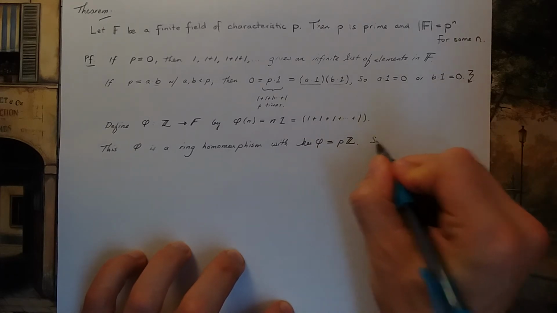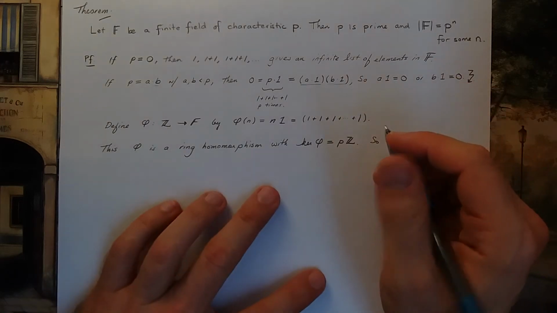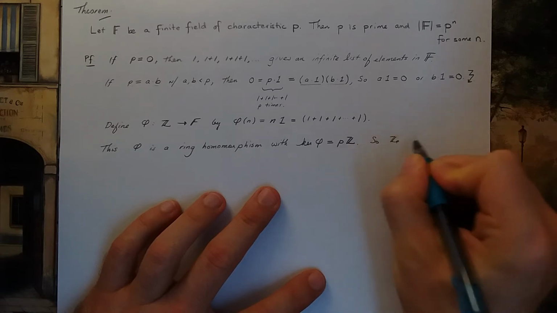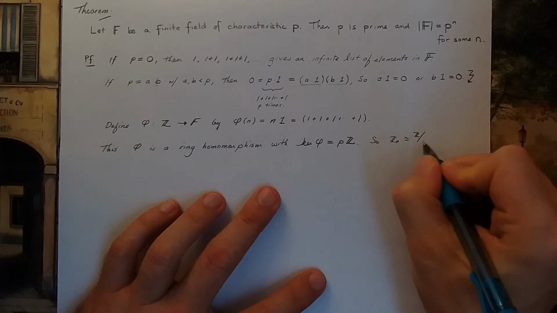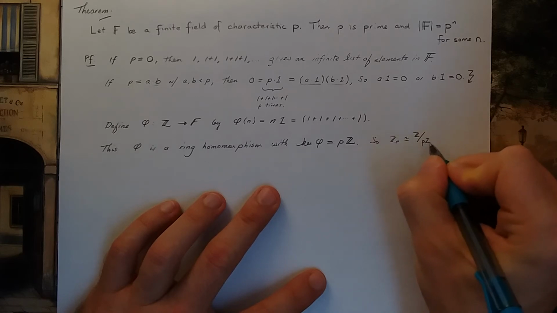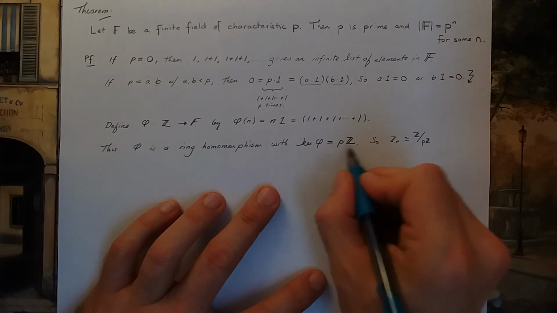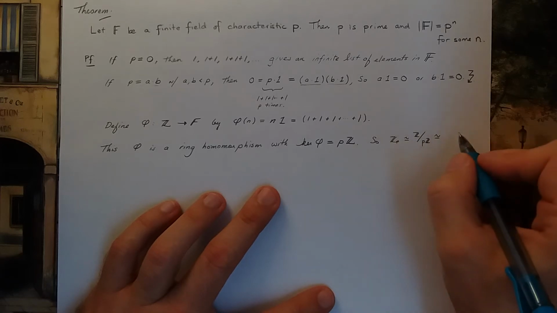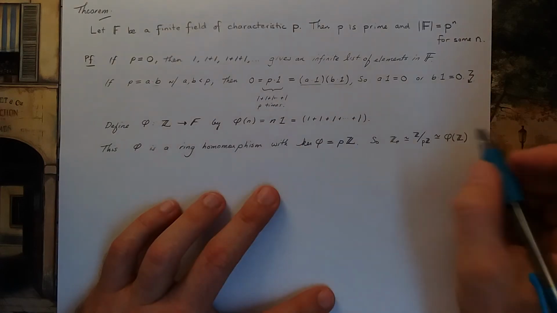So the first isomorphism theorem for rings tells me that Z mod pZ, that's the quotient by the kernel of the ring homomorphism, is isomorphic to the image of the integers under phi.